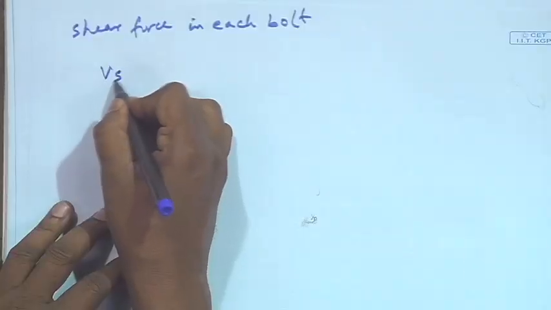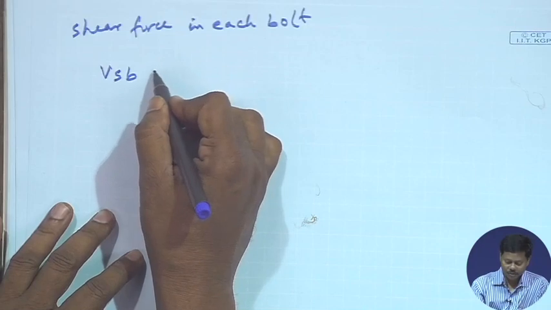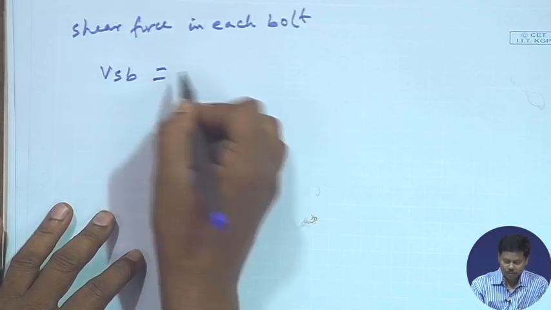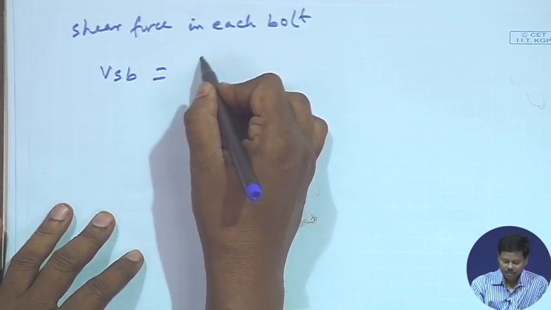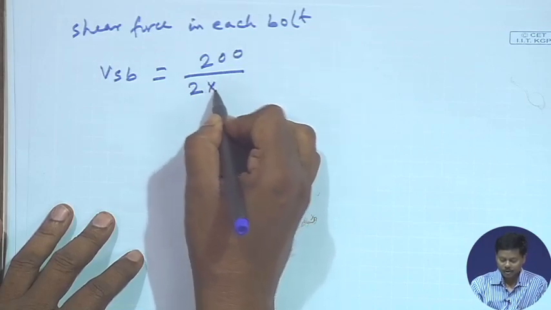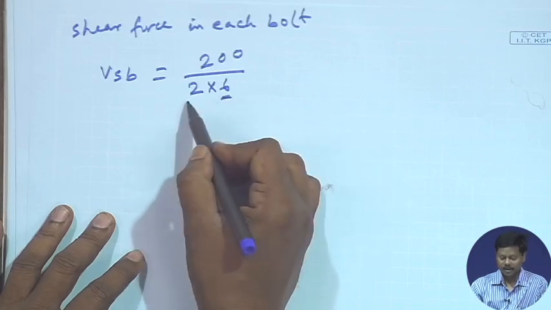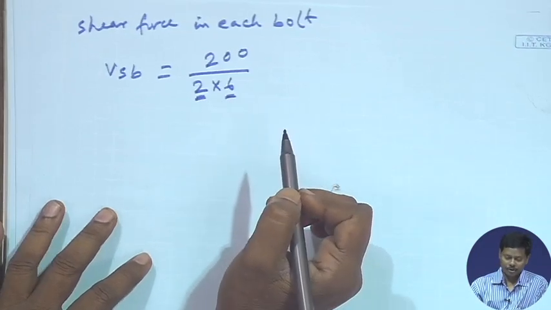So, VSB, the shear force in each bolt, will be P, which was 200, by number of bolts. Number of bolts will be 2 into 6, because in each line 6 bolts are there and there are 2 bolt lines.